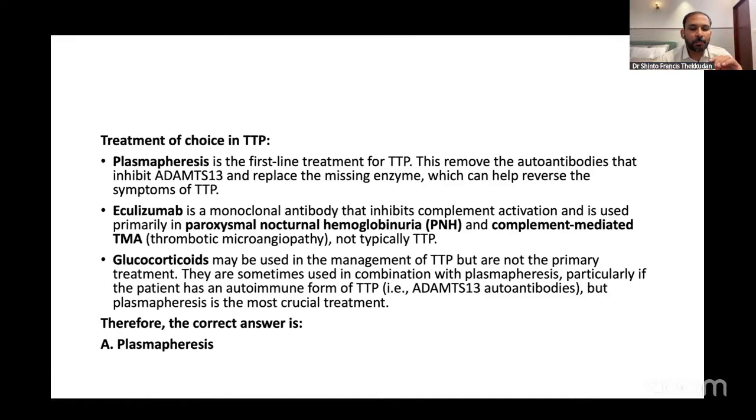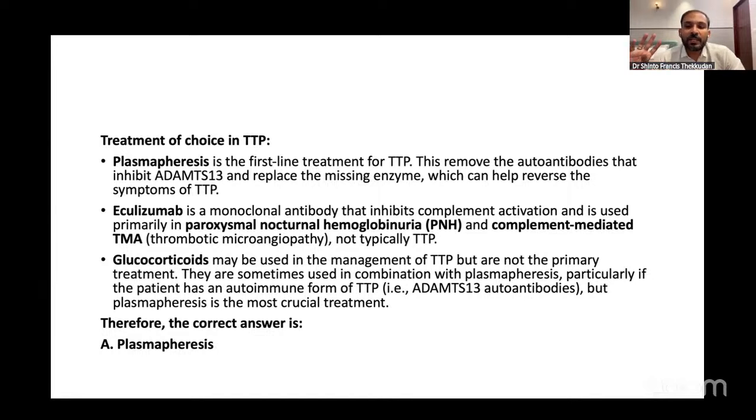So plasma exchange removes the autoantibodies that inhibit ADAMTS13 and replaces the missing enzyme, which can help reverse the symptoms.